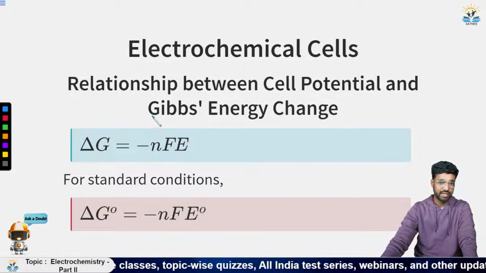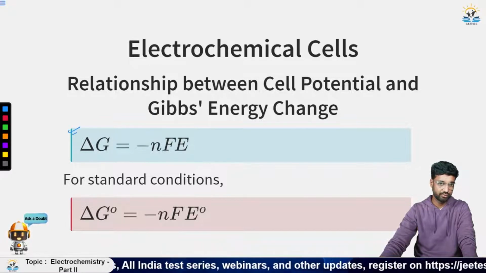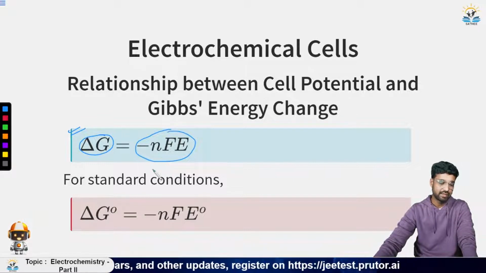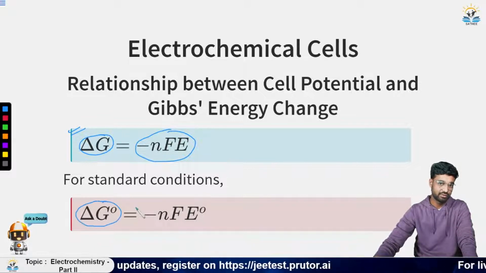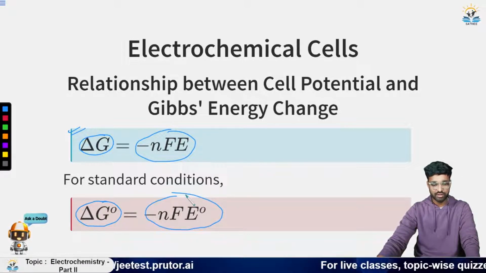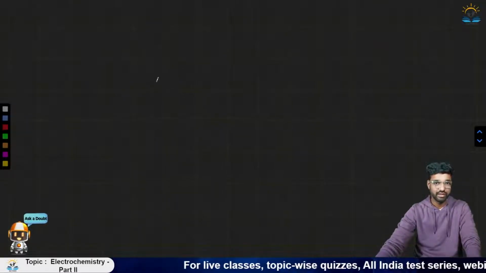Now we have this idea of Gibbs free energy, so we introduce a new formula, delta G is equal to minus nFE. In standard condition it will be delta G naught is equal to minus nFE naught. If you have not derived the Nernst formula, let me give a quick derivation.